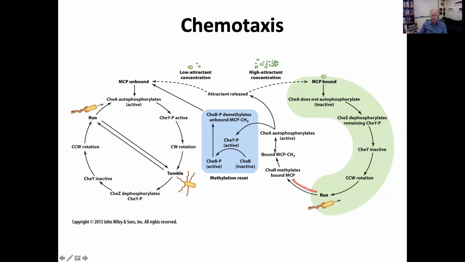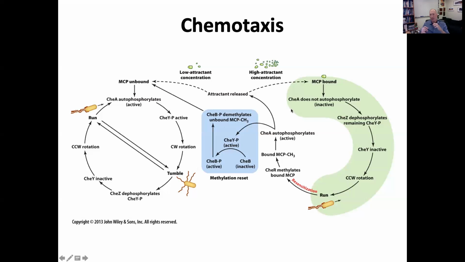But eventually, if you turn the wrong way, or if the attractant goes away, then you need to reset your MCP. That resetting is done by removing the methyl groups that CheR has added. That's what CheB is for.